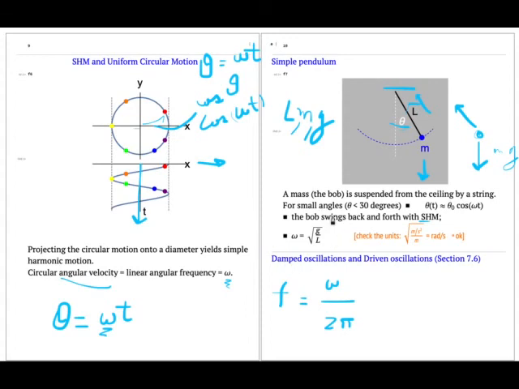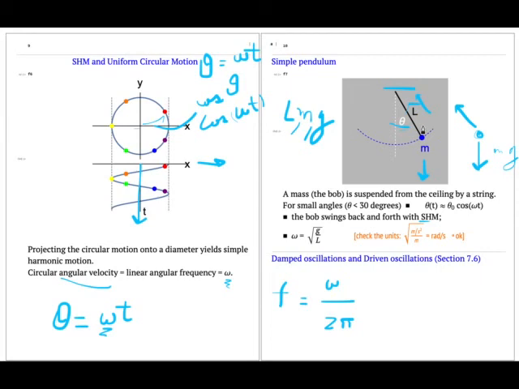But this result has 2 surprising facts. First of all, it doesn't depend on M. If you have a pendulum of length 1 meter and the mass of the bob is 1 kilogram, and you compare that to a pendulum whose length of the spring is 1 meter, but the mass of the bob is, let's say, 1/10 of a kilogram, they'll have the same frequency.